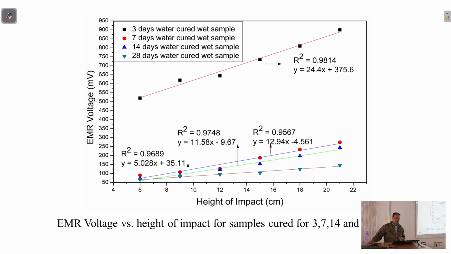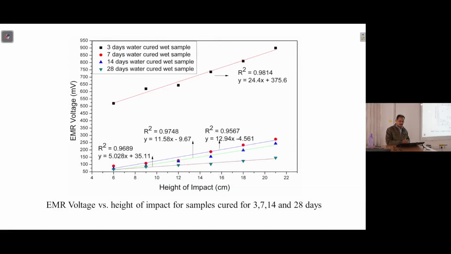Yeah, and then like I mentioned, generally these 3, 7, and 28 days of curing are the days when you can actually observe the strength of the cement based hydrated material, so that you have a better understanding whether the process is occurring properly and so on.